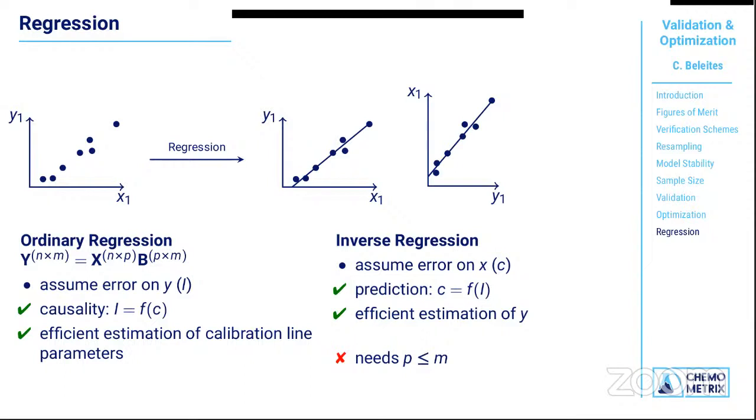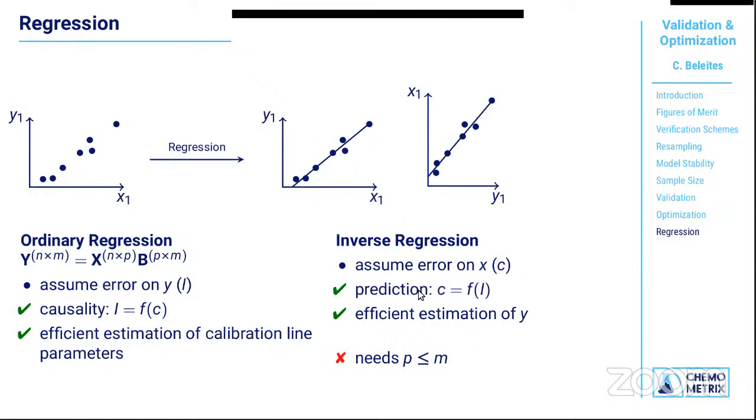There's actually discussion about that. This is called ordinary or classical regression versus inverse regression. And the question is which way the model works. Pretty much all the machine learning models we use do what is called inverse regression. They predict y directly from x.